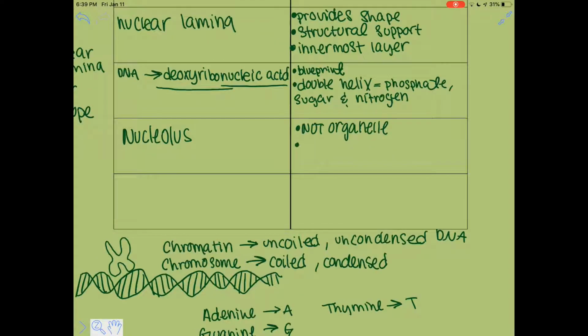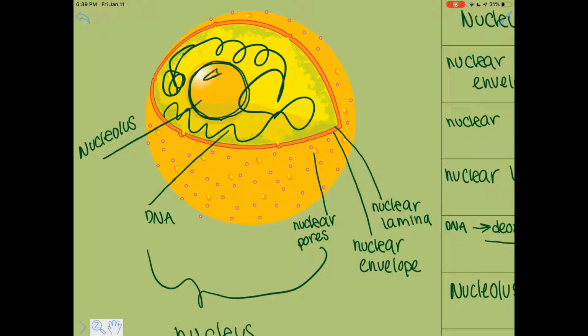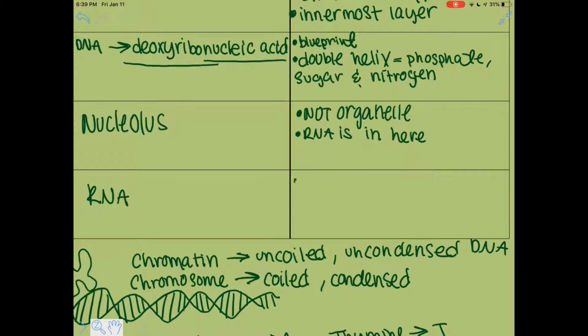It is simply an area where RNA gathers. Now you may be wondering, what is RNA? Now RNA is inside of the nucleolus, and it is simply a single-stranded piece of DNA. It is a replicated version of DNA, though.